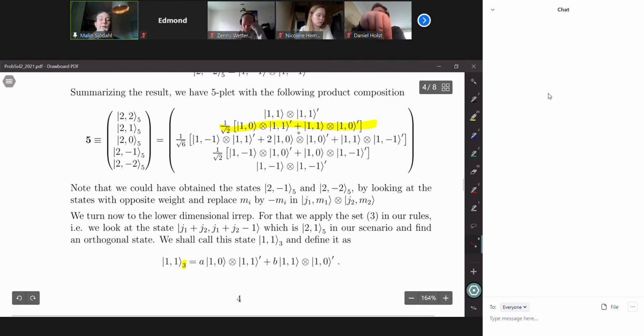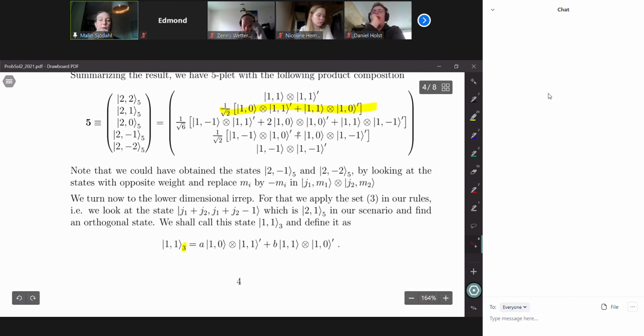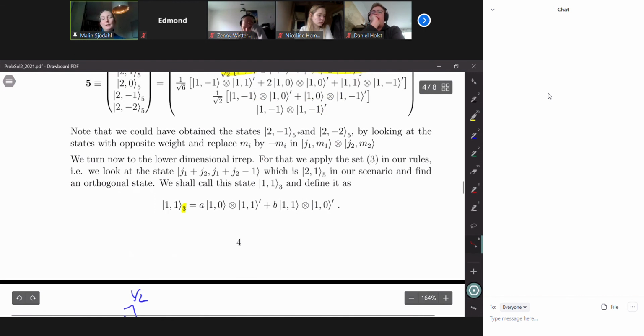Then we should have a triplet corresponding to spin 1. And here we do what we did in the lecture. We take the spin 1 triplet state, spin Z 1 state. There's a 3 here denoting that it's the new overall triplet representation.